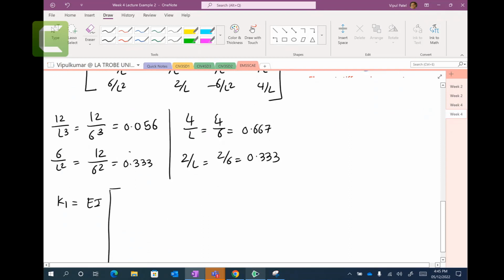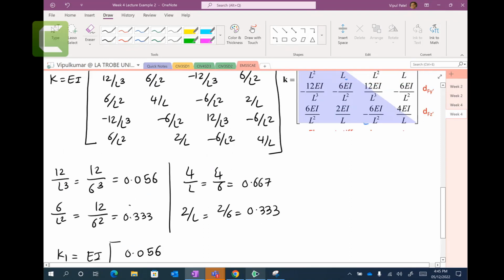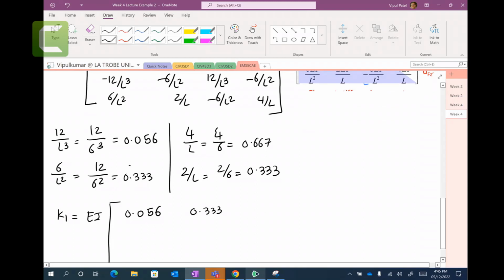So let's plug the values into K1, EI. You get 12 on L cubed, 0.056. 6 on L squared, oh, here you go, some mistakes here. 6 on L squared, so 6 divided by 6 squared, you get 0.167. So you put here 0.167.